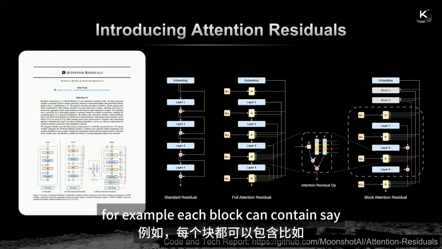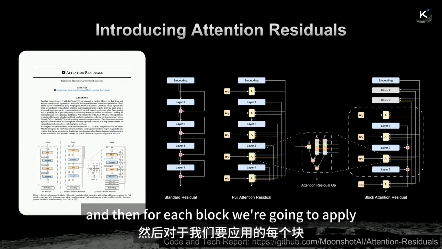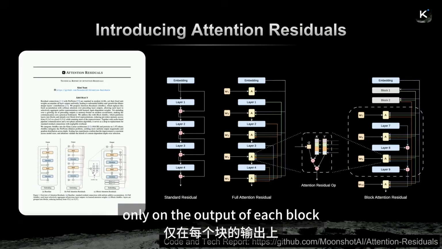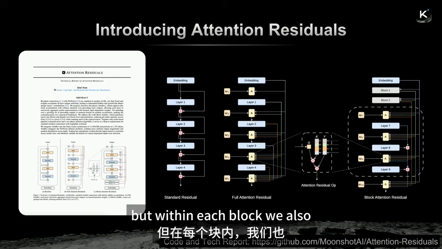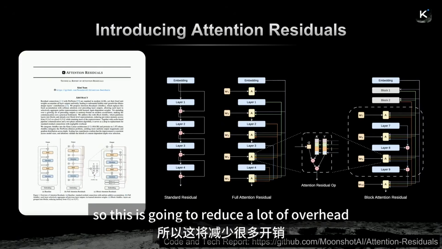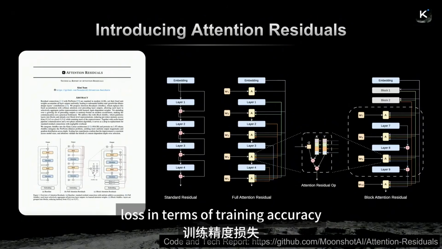For example, each block can contain 16 layers, or maybe 4 layers. And then for each block, we apply this attention residue only on the output of each block. But within each block, we still adopt the standard residue. So this reduces a lot of overhead while having minimal loss in terms of training accuracy.